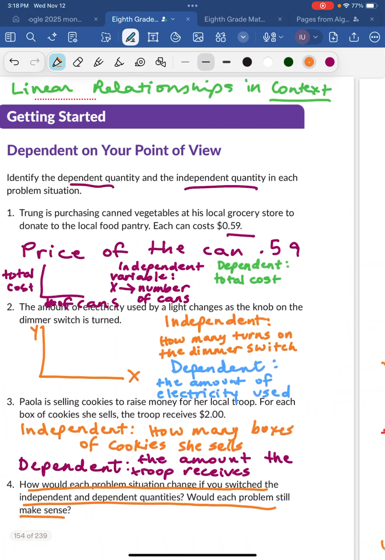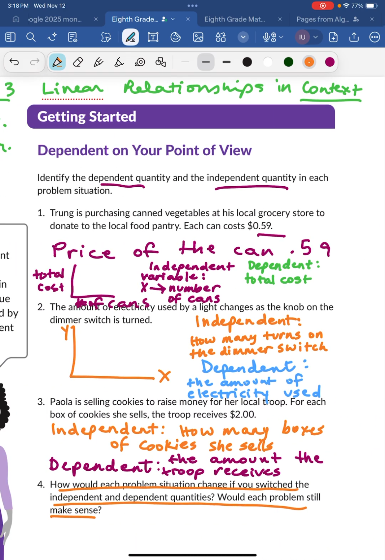In number 1, we could switch the quantities because we could say we're spending $1, $5, $10, $15, and we're buying the cans. And so we could say, how many cans do we get for $10? We could switch those because in real life, that would work.